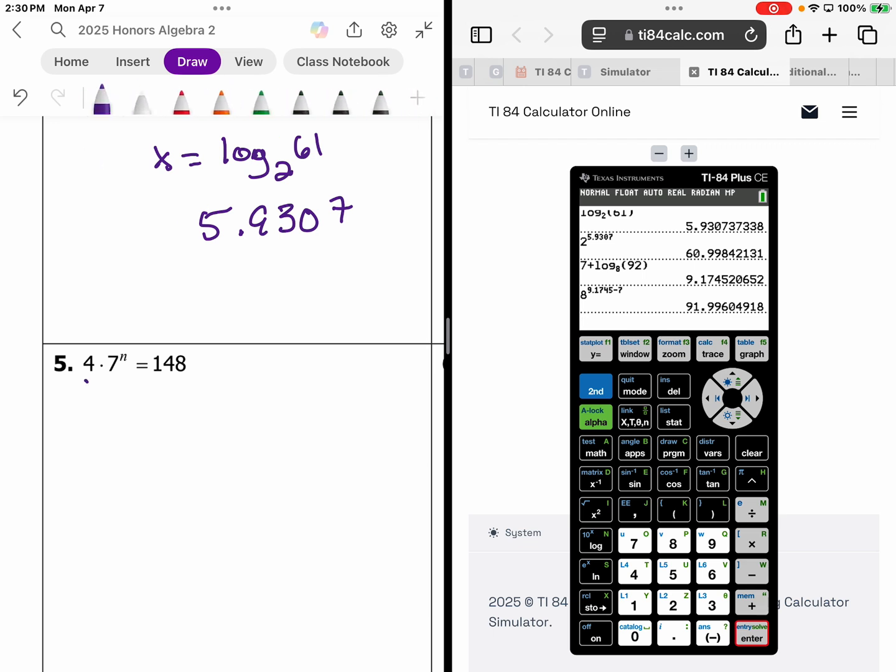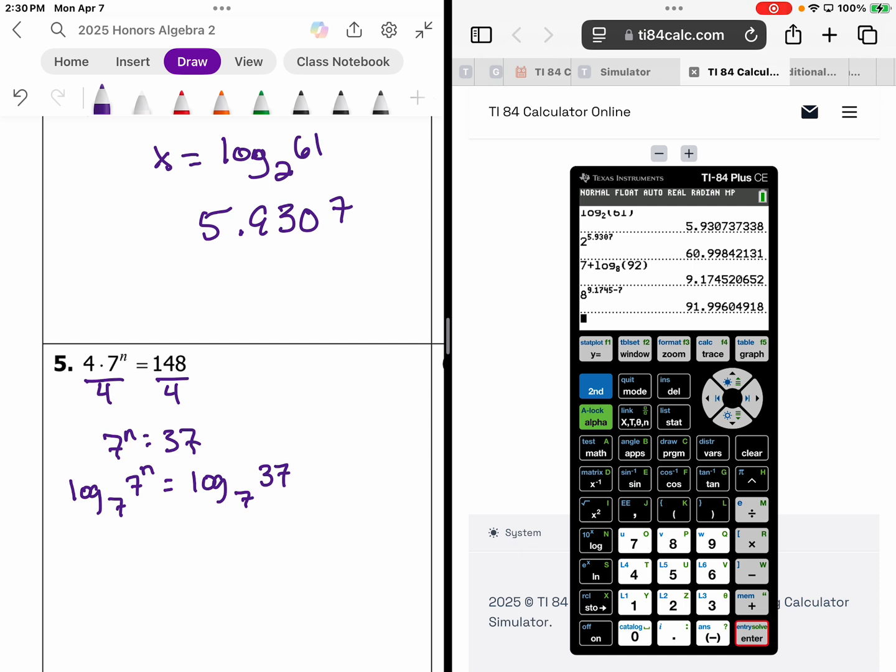All right, first thing we're going to do, we got to isolate the 7 to the n. So I get 7 to the n equals 37. 148 divided by 4 is 37. Now I do the log base 7 of 7 to the n power, which is equal to log base 7 of 37.